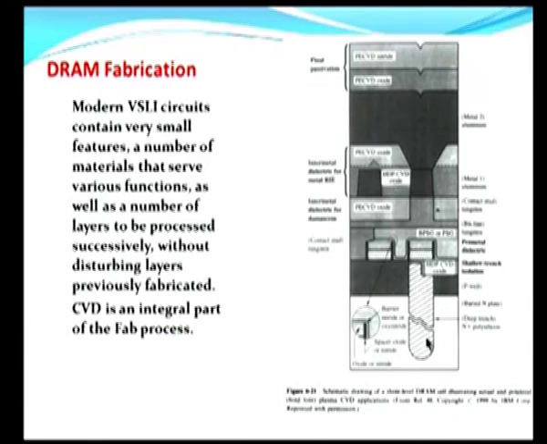These are examples of where, for example, here you have a high aspect ratio hole that you have to fill with a material, and chemical vapor deposition turns out to be capable of doing so, which normally physical vapor deposition processes are not capable of doing.